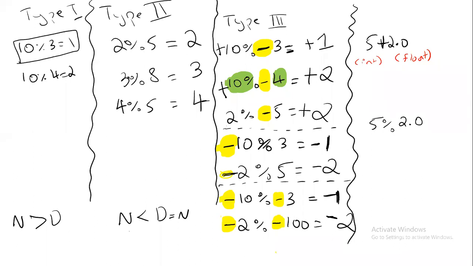The compiler will place 5.0 by itself, which means this int is changed to float. Now I'm adding a float and a float, so it will work. So 5.0 plus 2.0, the answer is 7.0. We'll get the answer as float here.